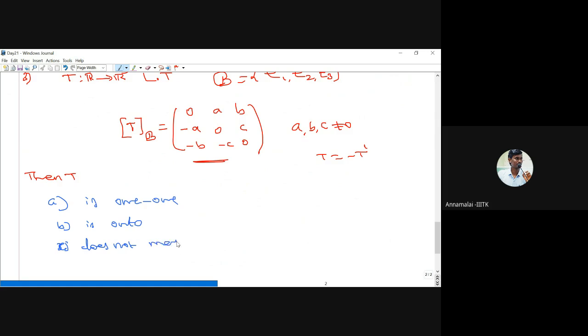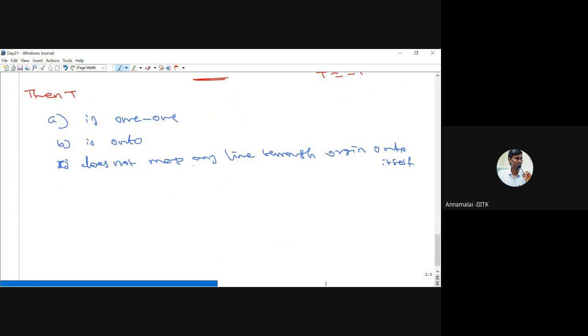If you take any line through the origin, it is not mapped onto itself. The last option is T has rank 1.